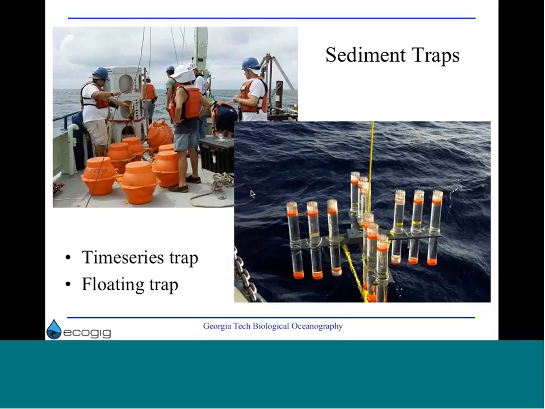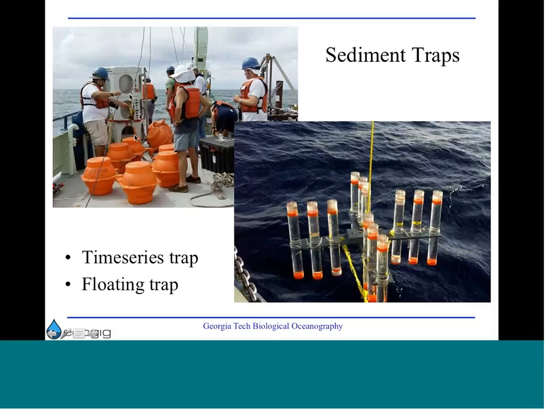Now, I mentioned early on that we know that the food web impacts cascade not just through the food web up to big organisms, but can cascade downward through the water column and all the way to the sea floor. We've been studying these vertical connections in a variety of ways, and one of the tools we use is a sediment trap.